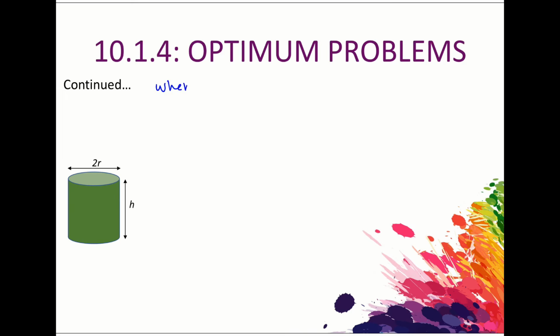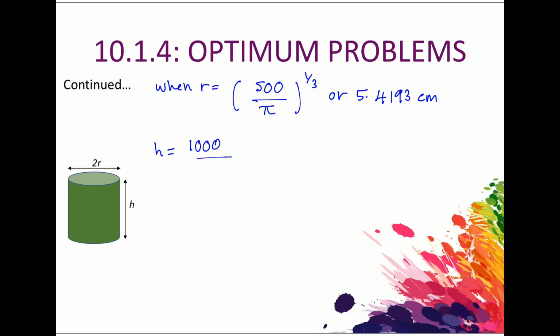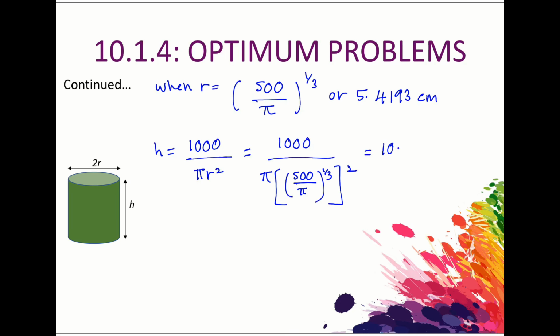So when r is equal to 500 over pi to the power of 1 over 3, or 5.1293 centimeter, h is equal to 1000 over pi r squared, which is equal to 1000 over pi times 500 over pi to the power of 1 over 3 squared, which is equal to 10.8385 centimeter.